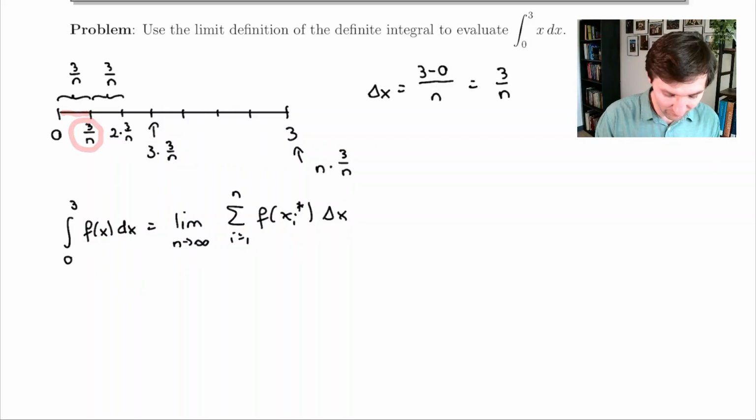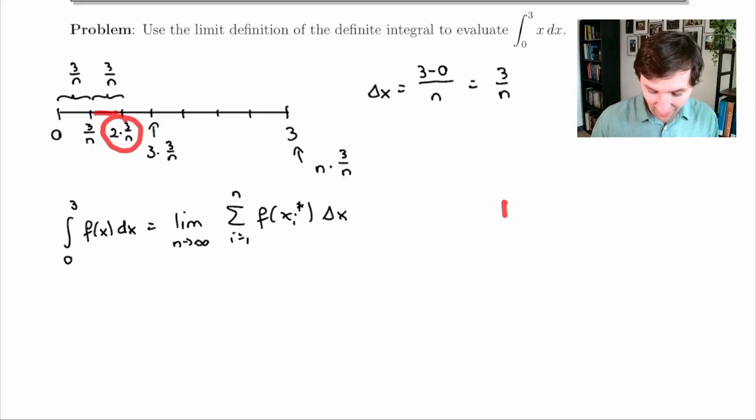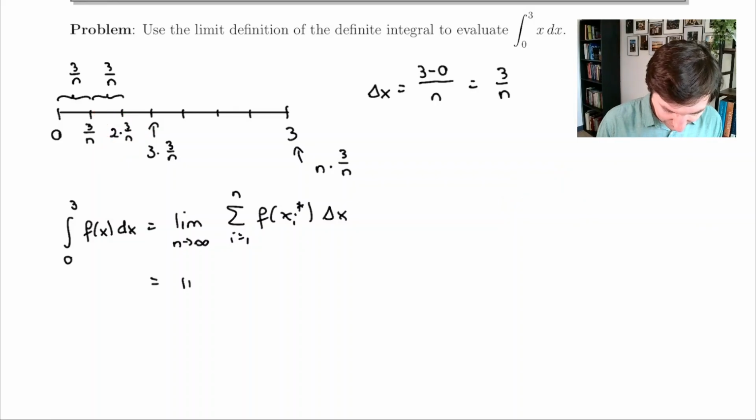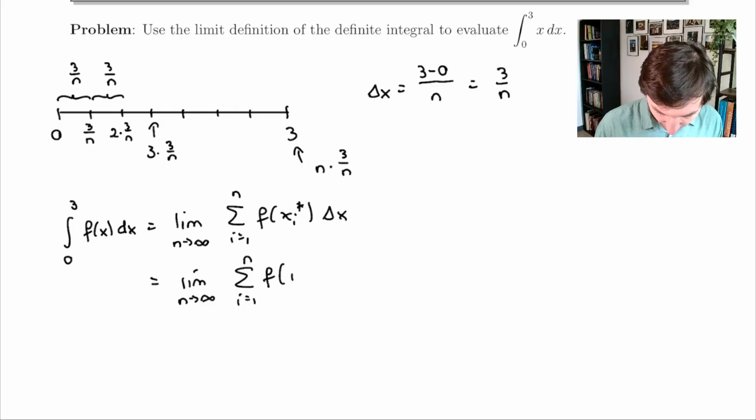The second subinterval will have a sample point 2 times 3 over n. And in general, the ith subinterval will have the sample point i times 3 divided by n. Which means I'm going to rewrite this as the limit as n goes to infinity of the sum starting at 1 ending at n of f of i times 3 divided by n times delta x.